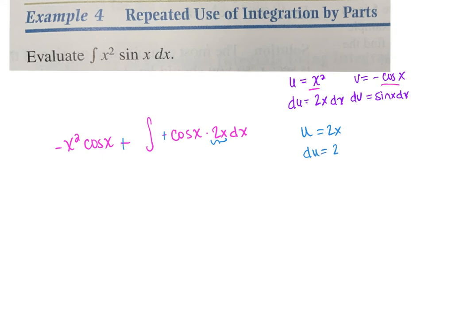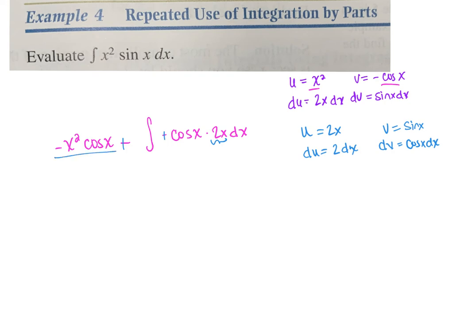Du is now just going to be a 2 dx, right? Which leaves a dv of cosine of x dx and a v of sine of x. Now I actually have an easier integration by parts, right?